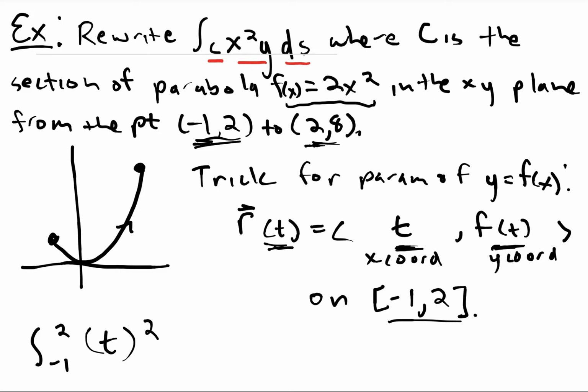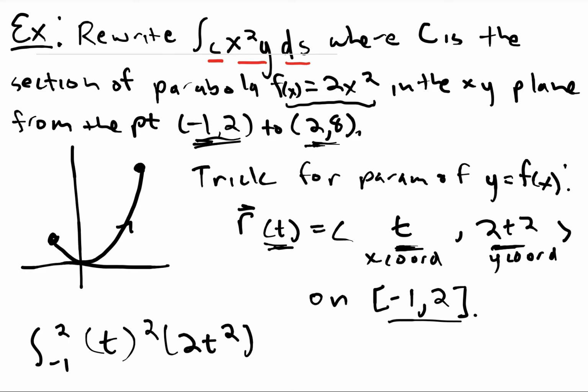F of t in that case is just going to be 2t squared, right? So here, I'll go ahead and fill that in. Okay, instead of f of t, we really want 2t squared. That's my y coordinate here. So replacing my y, here's my 2t squared.